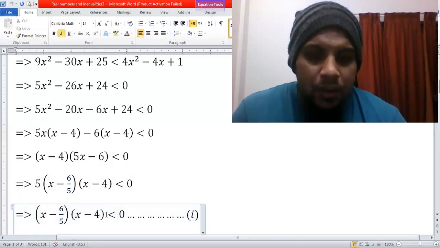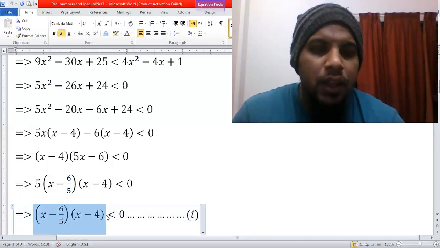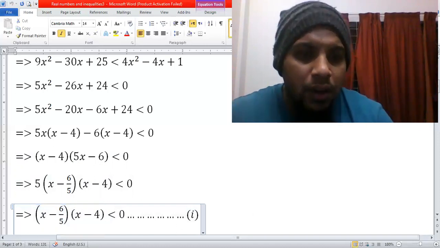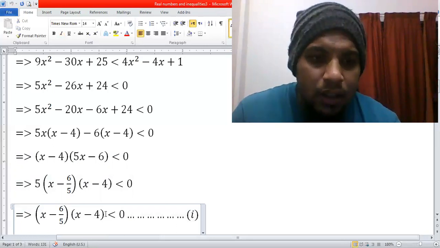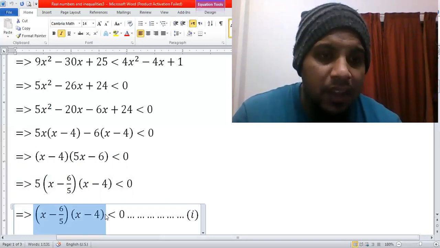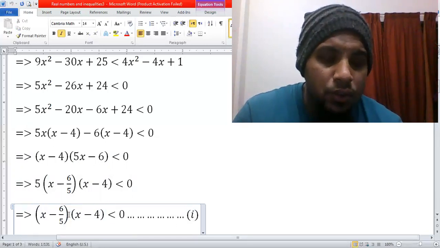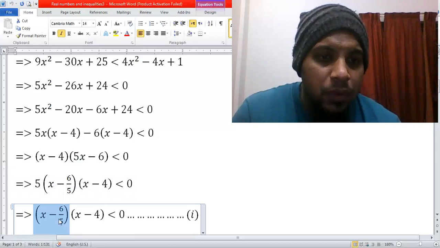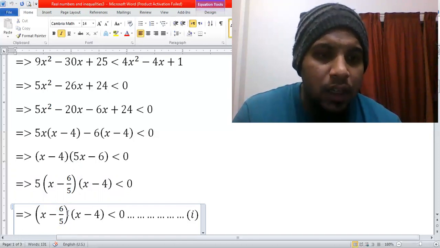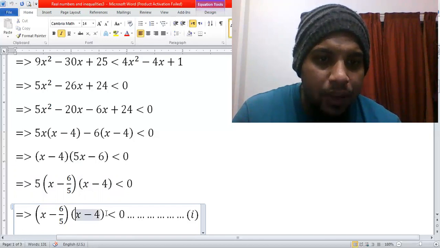When this part will be 0, we have to think about when there is a variation in the signs of these two. Here x minus 6 by 5 is either positive and the other negative, or negative and the other positive. If both are positive or both are negative, then it could not be less than 0.